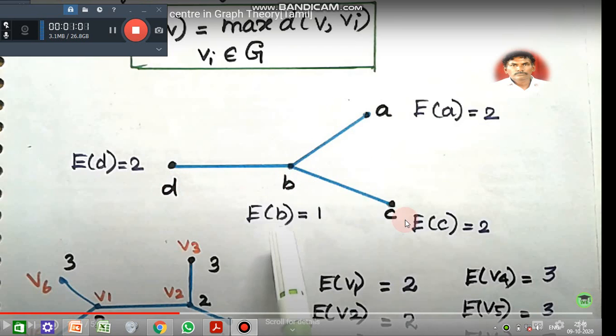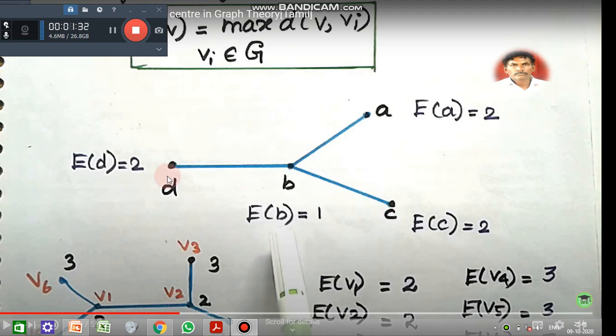D, B, A, C are the vertices here, connected by the edges in blue color. Now what are the vertices farthest away from D? A and C are farthest away from D. Am I correct? How far? 2 units. Look at this, D here and A here and C here.